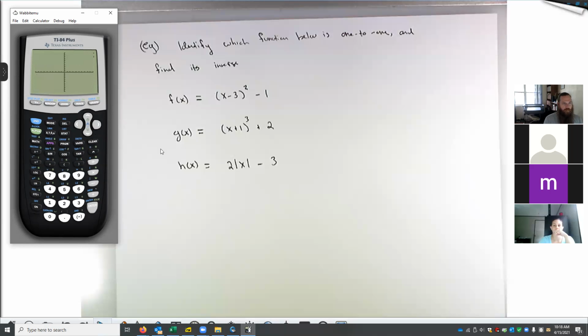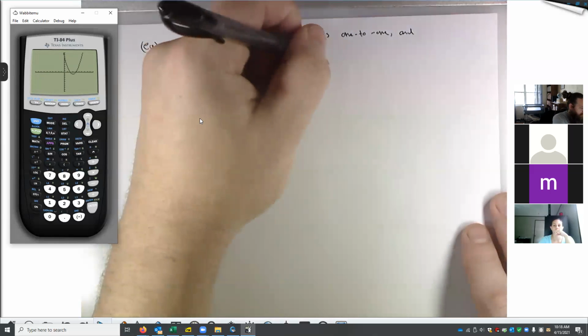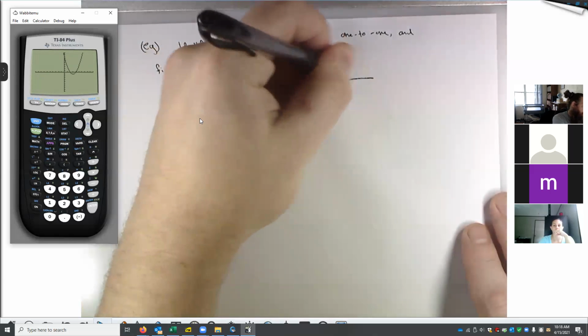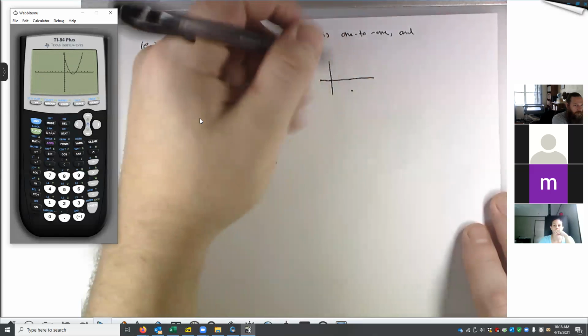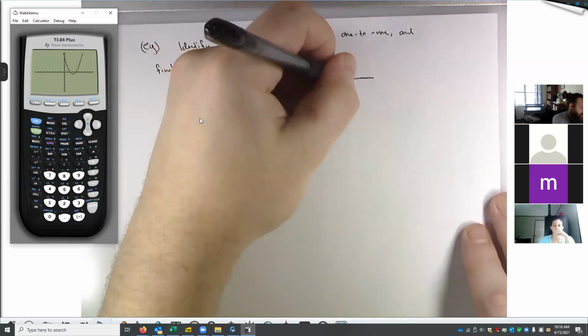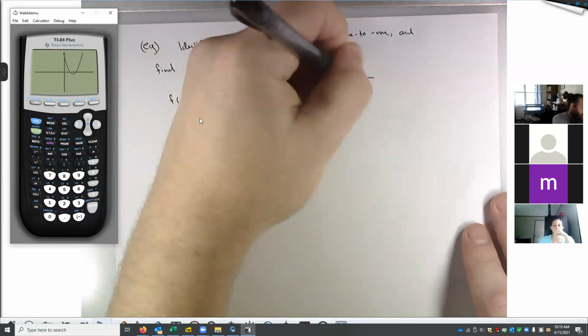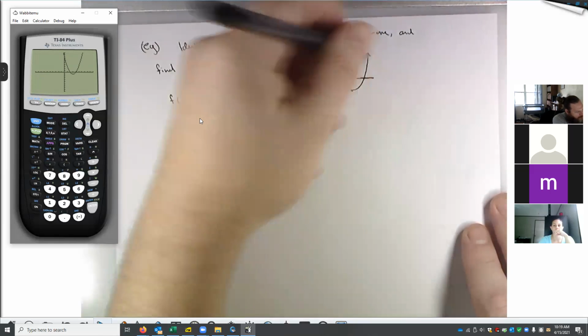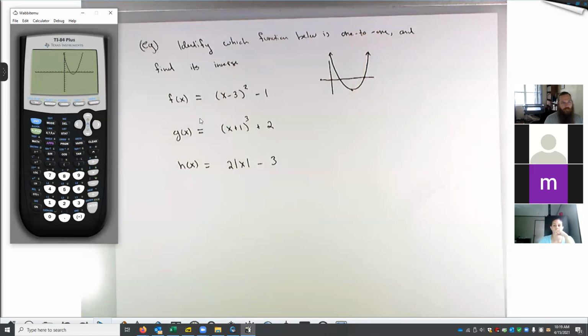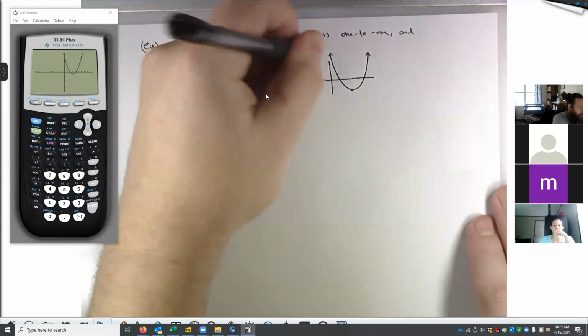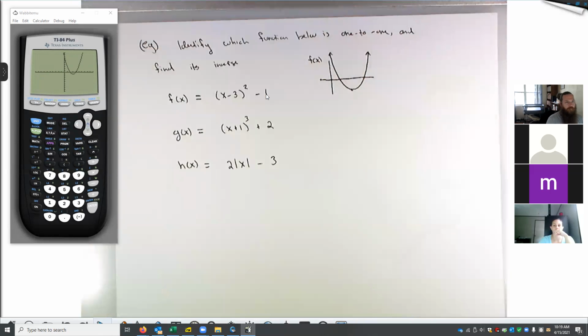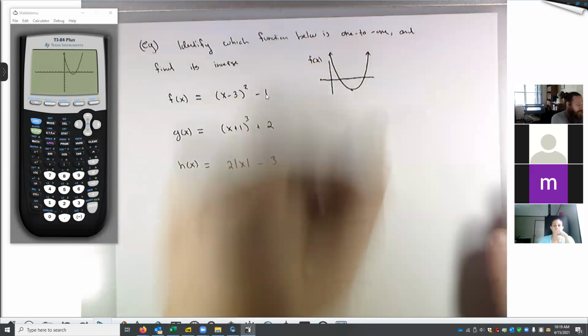Right, here it is. Is that 1-to-1? No, this is not 1-to-1.